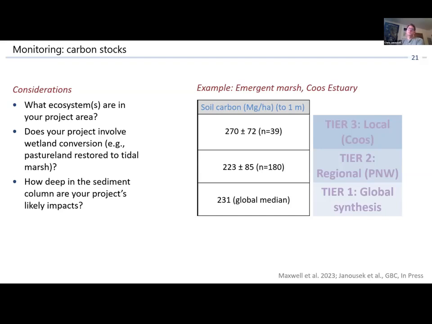If we took the average of the entire Pacific Northwest, so British Columbia, Washington, and Oregon, we get a slightly lower value, 223. And if we just use a global median, this is all the marshes, I think a summary of something like 15,000 cores globally, we get a value of 231. So these values are not dramatically different from each other, but you can see that there is some variability.